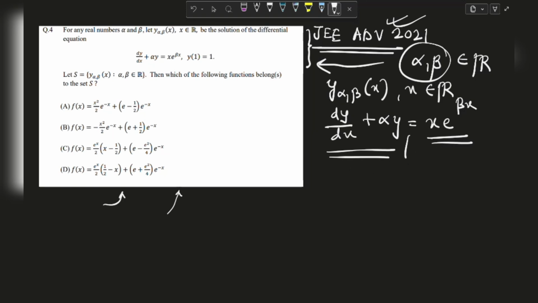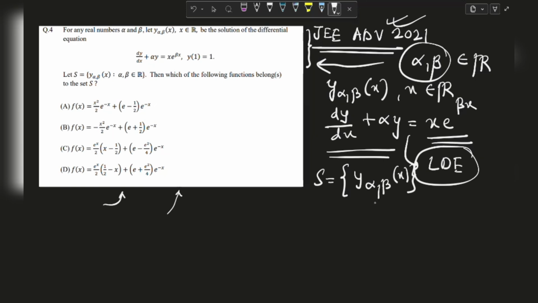Now I don't have to tell you, you can realize that this is a linear differential equation, and so we have to calculate the integrating factor and all. And they have given us a set S which contains all such y alpha and beta. The main point is they have provided no restrictions on alpha and beta, which means that we have to take cases.